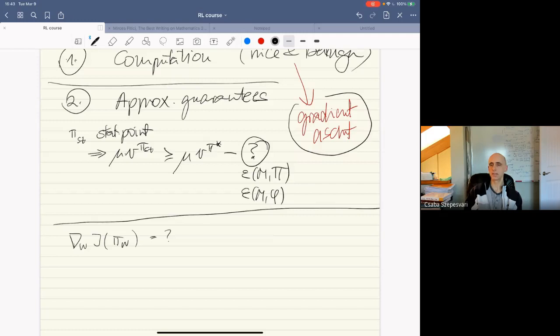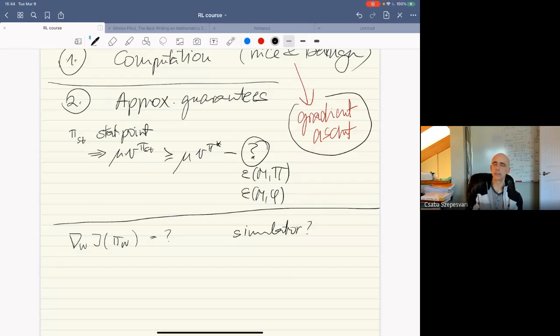You have a large MDP. You don't want to do exact calculations. Can you just get some reasonable estimates of the gradient with respect to your favorite policy class? So how to compute this with a simulator?